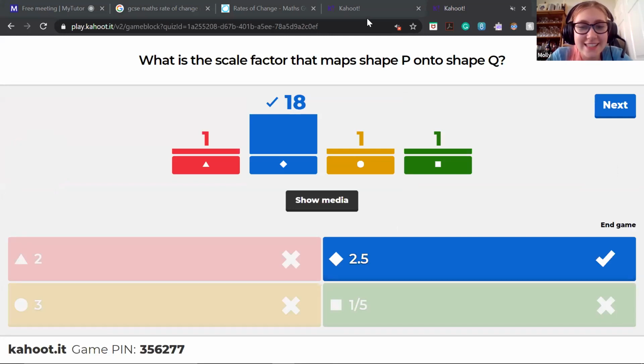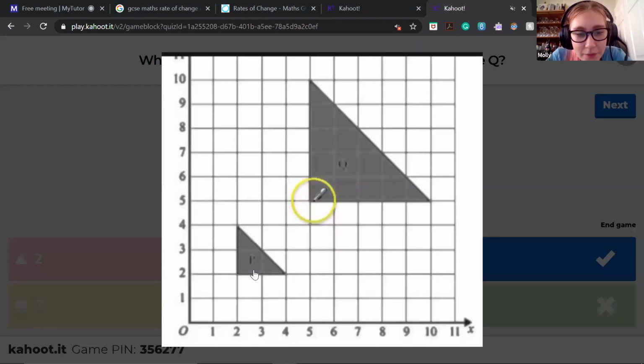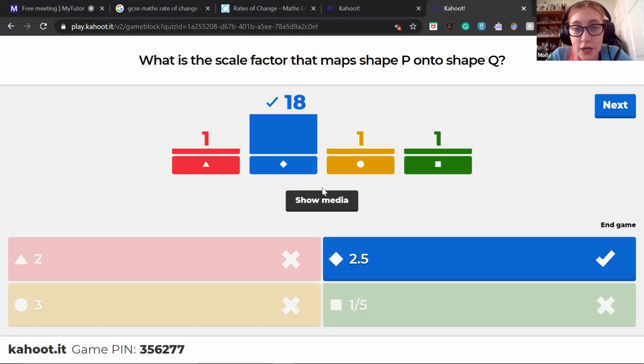Brilliant, fantastic, well done. What we can see here is that you can just look at one side. The base of P is 2 units long and the base of Q is 5 units long, so that's 2.5 times as long as P was. So that's how we can tell that there.